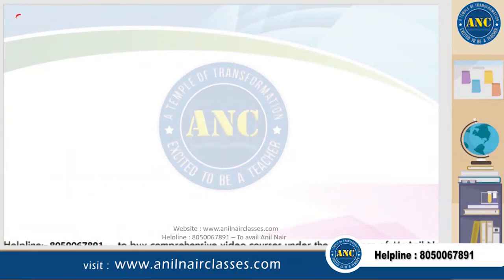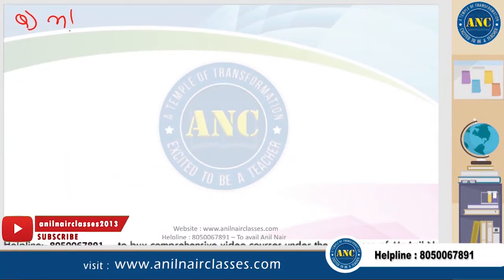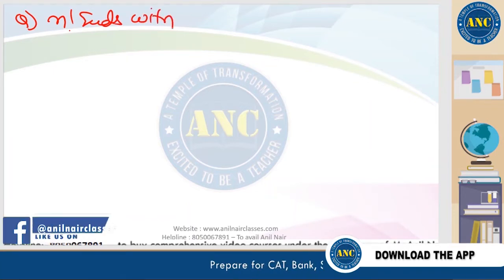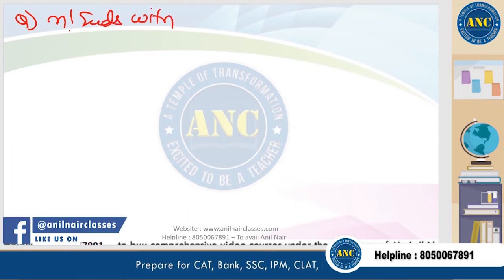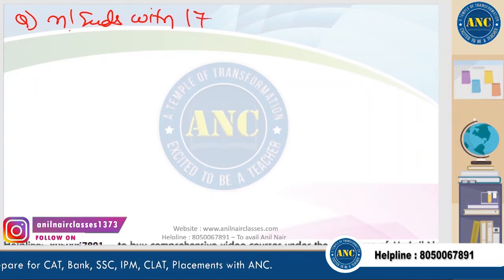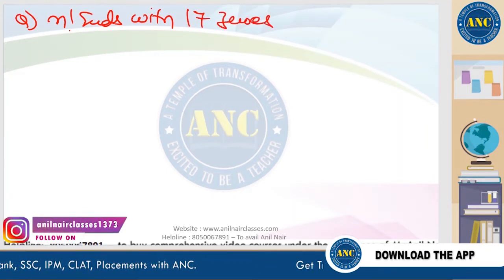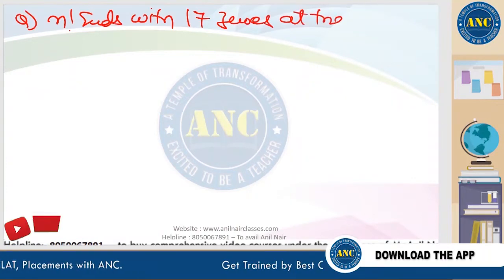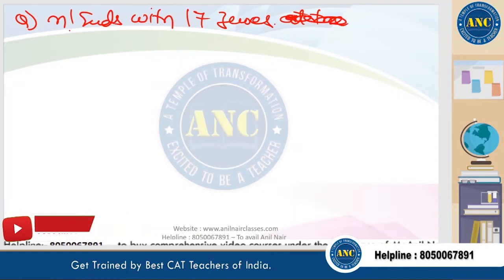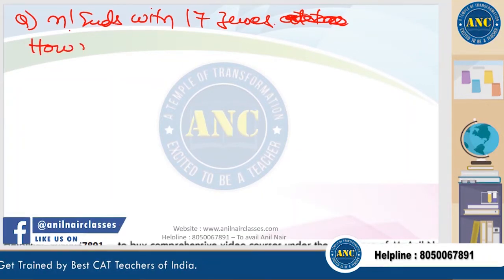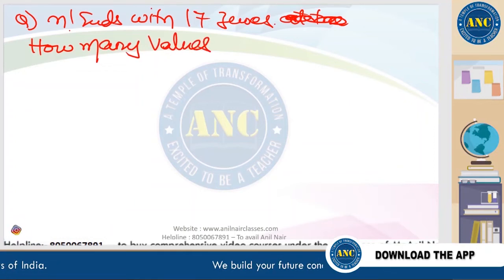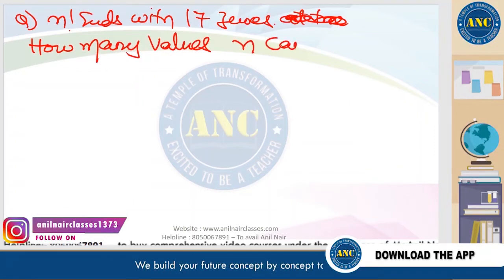Suppose one more question. N factorial ends with 17 zeros at the end. How many values can n take?